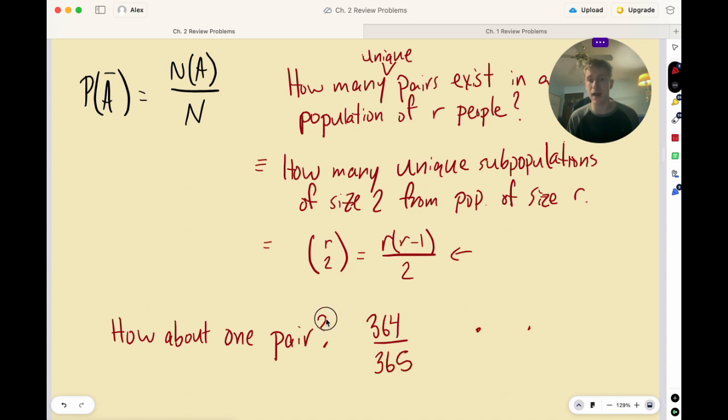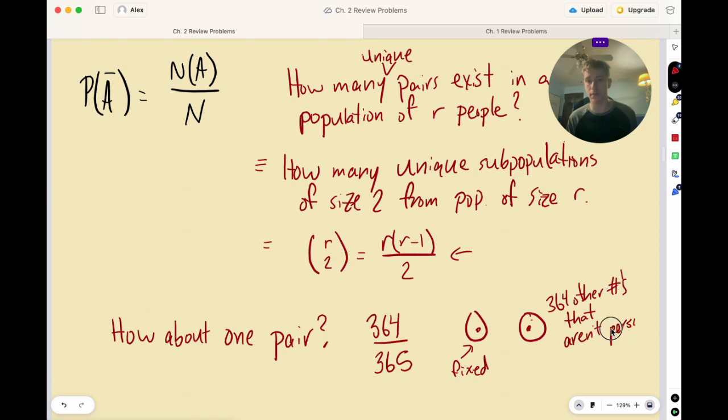If we assume that this person's birthday is fixed, then out of 365 days, and this one fixed number, there are 364 other numbers that this person could be, other numbers that aren't person number 1's birthday.